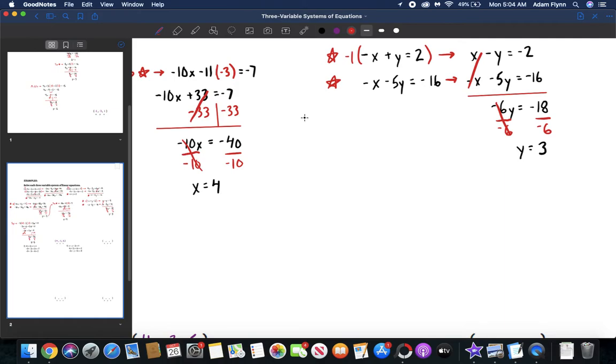So for my top star, I can rewrite as negative x plus 3 equals 2. I can subtract 3 on both sides.